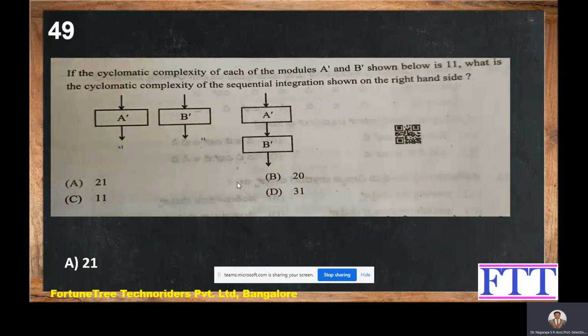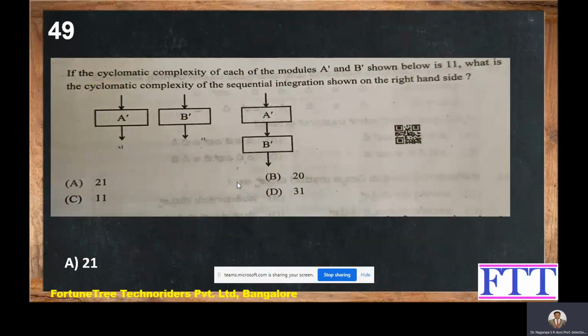The right answer is 21, because here both A and B have the same value, 11. So first you need to take 11 minus 1, 10 for A, 11 minus 1, 10 for B, 10 plus 10, 20, plus 1. So the total answer is 21. Option A is the right answer.